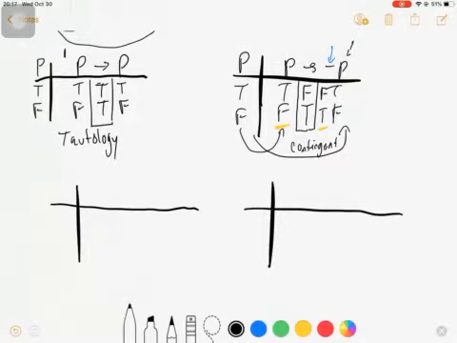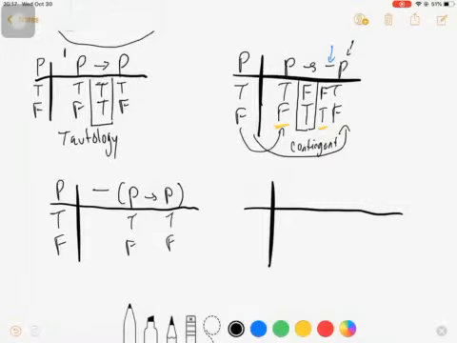Now let's look at not P arrow P. Again, we only have one type of letter, a P. So we follow our pattern of writing a T and an F. We plug everything in under the letters. Then we ask, what's our main operator? In this case, the main operator is actually the negation out here. The negation is over the entire parentheses, which means we're going to want to figure out the parentheses first and then come back and do the negation.